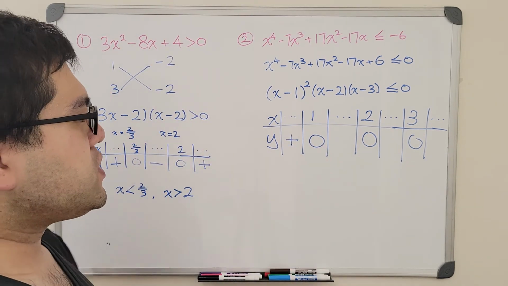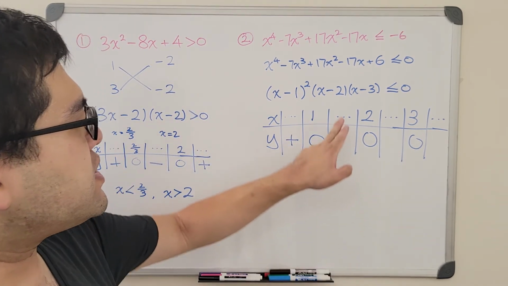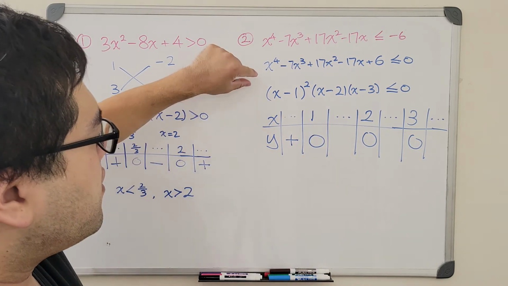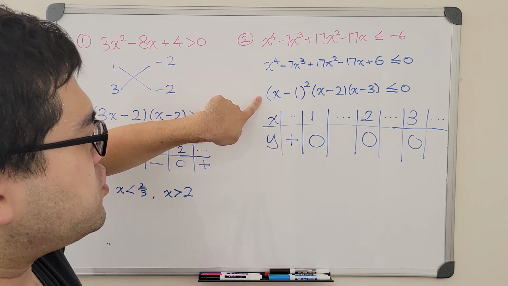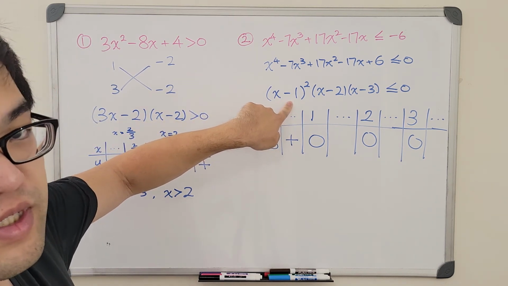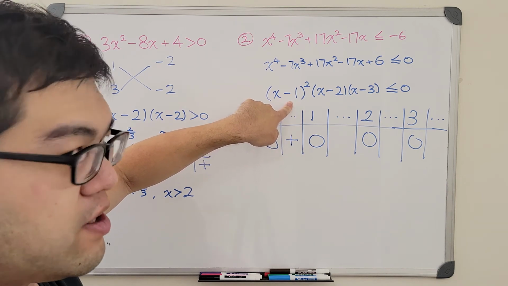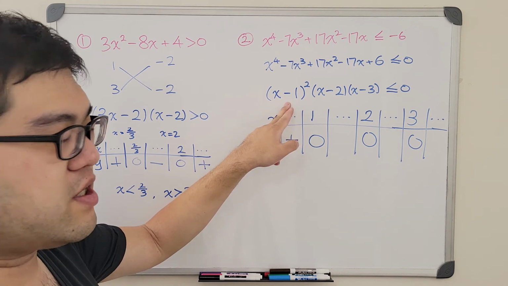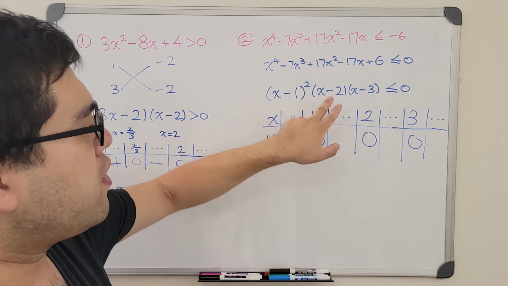Good. Next, let's say we pick some value between 1 and 2. Well, we see that if we choose a value that's between 1 and 2, x minus 1 is turning into positive because that value is bigger than 1. So this provides us a positive, squared is also positive.